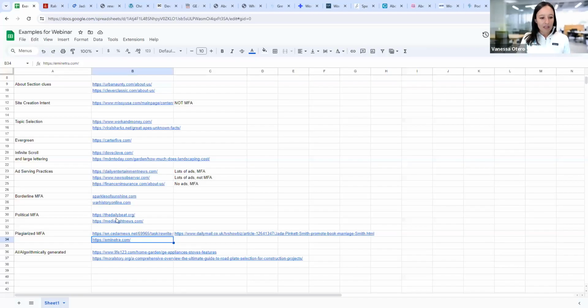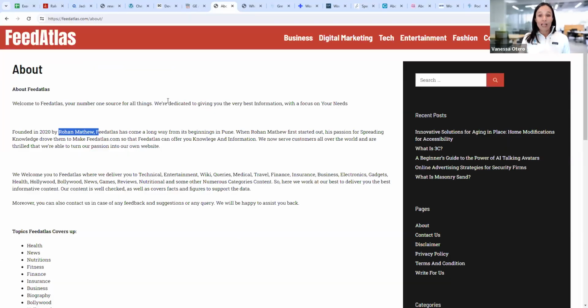And then the one that we saw before, this finance and insurance one, Feed Atlas, has no ads on it yet. It's not yet being monetized as MFA. So there's tons that are out there that are being created in order to start siphoning dollars out of the programmatic ecosystem.